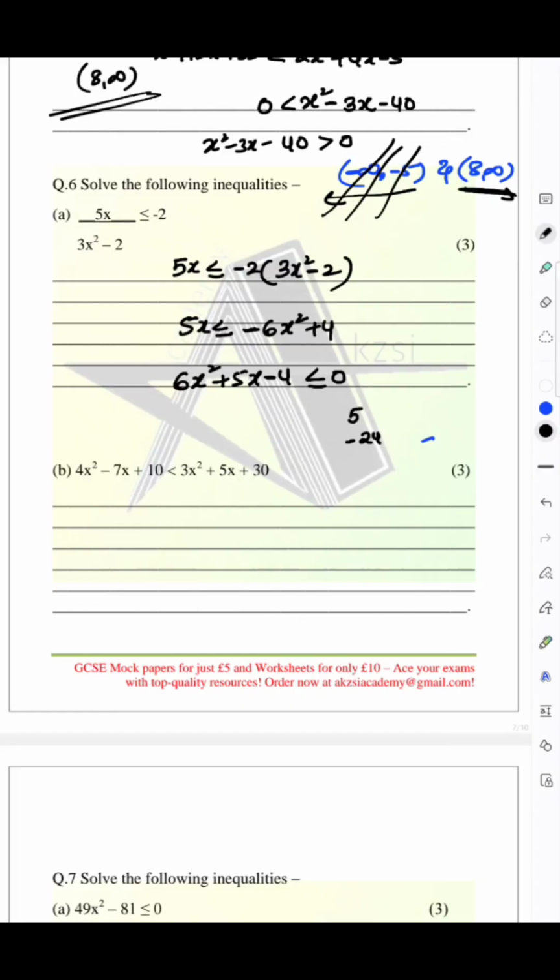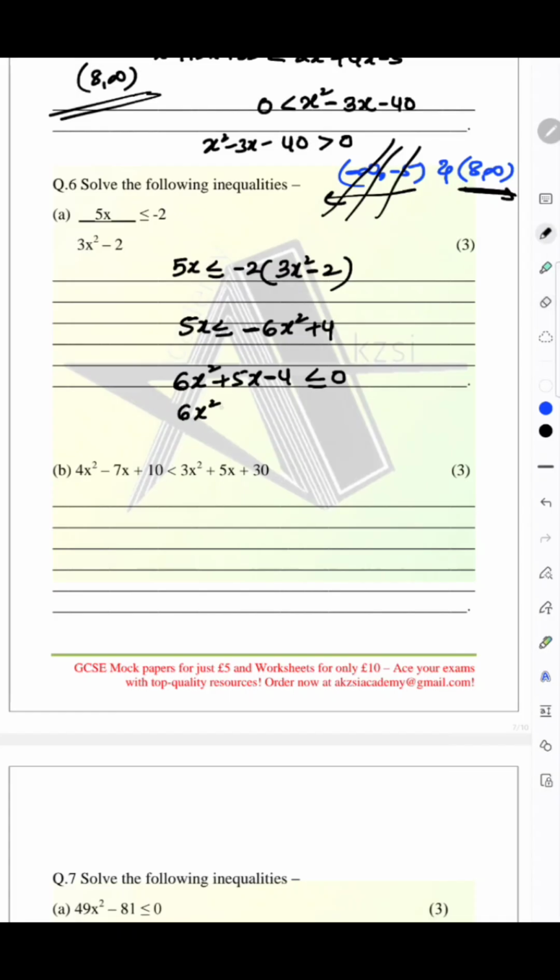So this would be negative 24, so obviously this is negative 8 and 3. Sorry, it's positive 5, so positive 8 and negative 3. So 8 times negative 3 is negative 24 and 8 plus negative 3 is 5. So I need to split into 8 and minus 3.